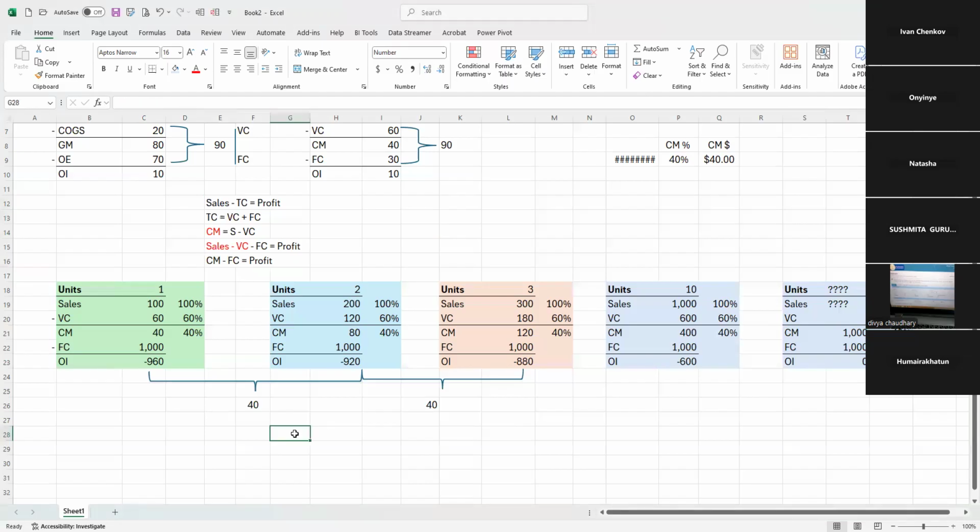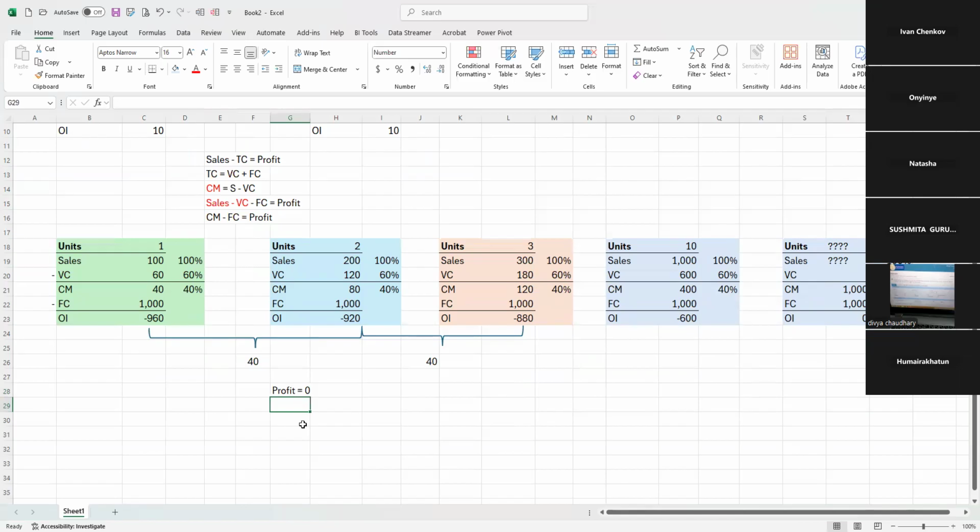We want our profit to be equal to 0, and that is the point when my contribution margin is equal to the fixed cost, 1,000. Once contribution margin equals fixed cost, my operating income will be 0.